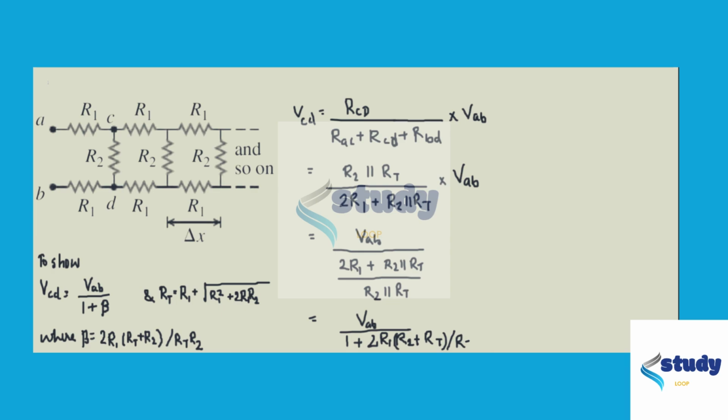So RT plus R2 upon RT times R2, and if you look at this, this should be beta, right? Hence this implies VCD equals VAB upon 1 plus beta. So you prove this.